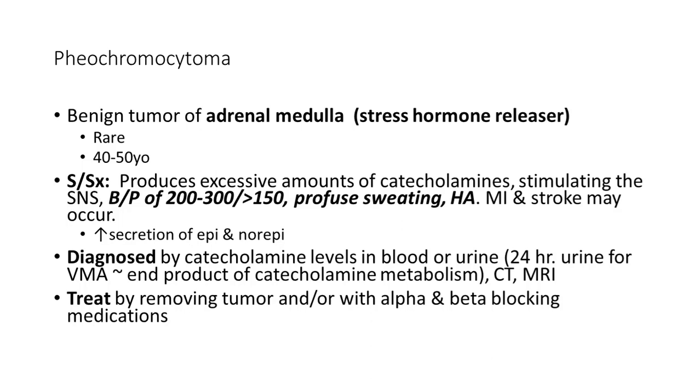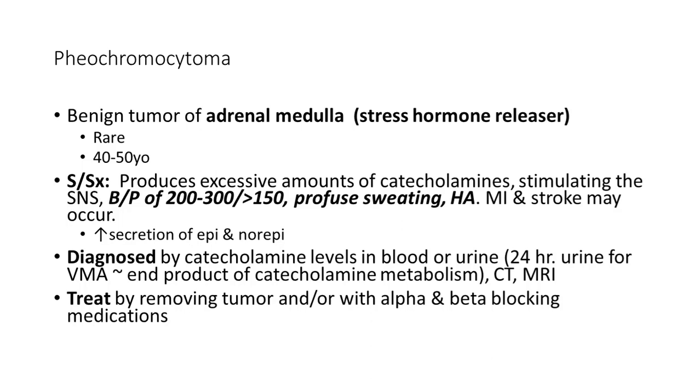So if you think of the normal blood pressure, that is very elevated. There's going to be profuse sweating, headache. Because the blood pressure is so high, we might see strokes, we might see heart attacks, and this is just because there's so much epi and norepi being secreted that the body is basically in fight or flight all the time.